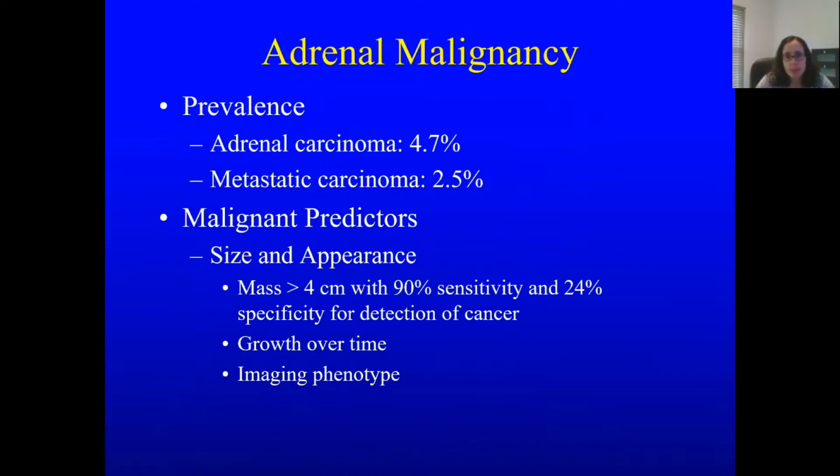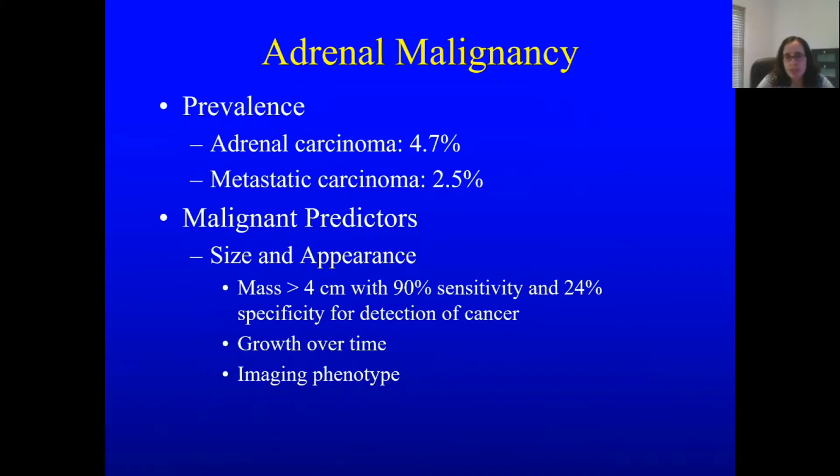In terms of adrenal malignancy, the prevalence is about 4.7% of primary adrenal carcinoma, and then metastatic disease to the adrenals, we see about 2.5% of the time. Malignant predictors, we look at the size and appearance. A big mass greater than 4 centimeters has a 90% sensitivity, but a 24% specificity for the detection of cancer.